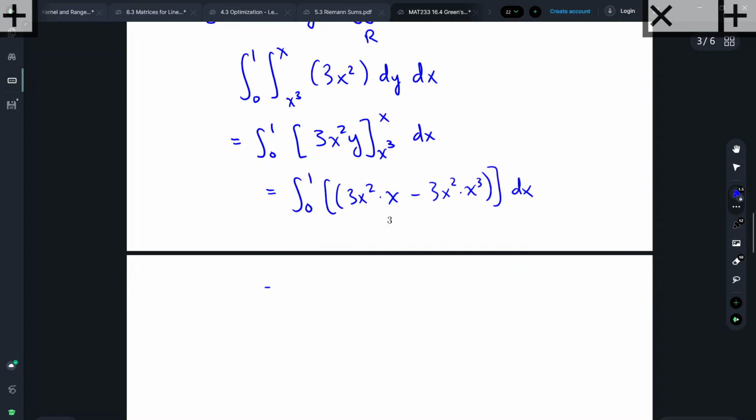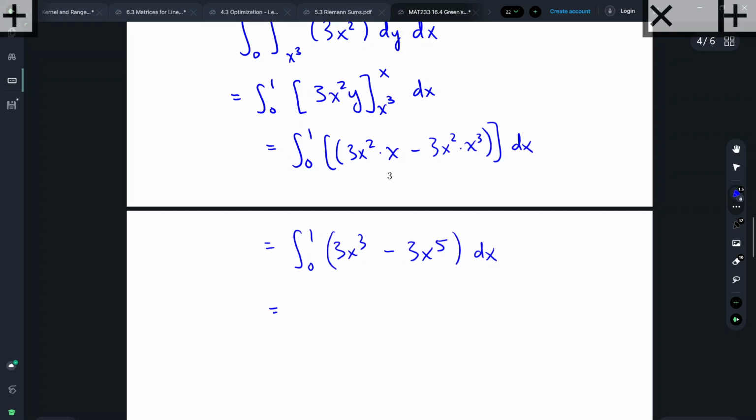Going on to the next page, so let's simplify this. So 3x squared times x is 3x cubed, and then x squared times x cubed is x to the 5th. Okay, so then here the antiderivative again is just the power rule, so you get 3x to the 4th over 4 minus 3x to the 6th over 6, evaluated from 0 to 1.